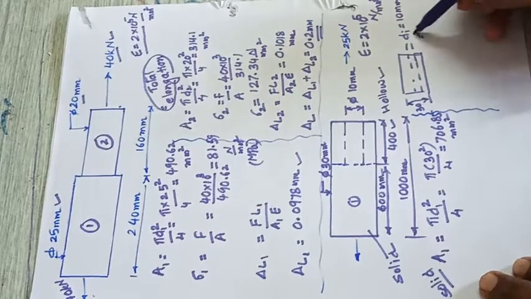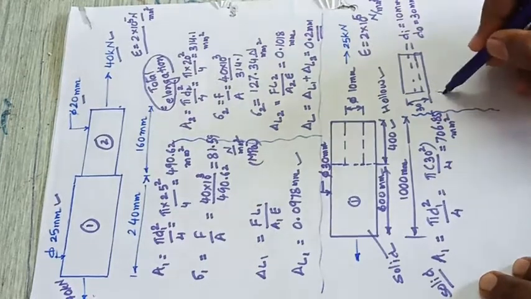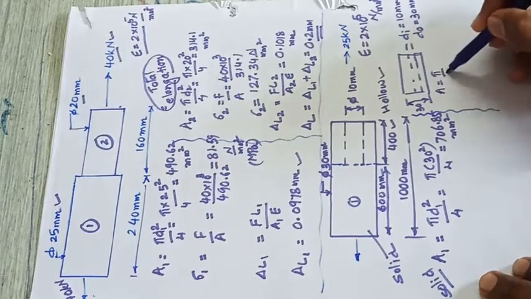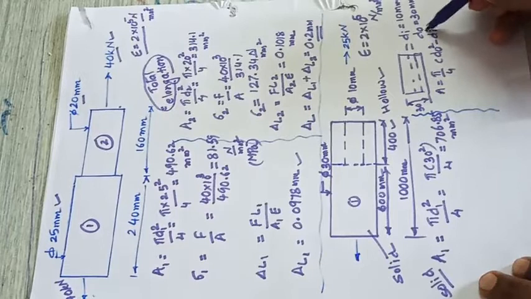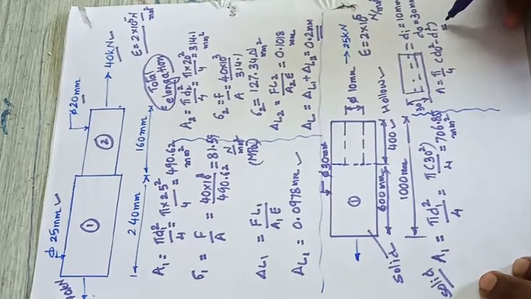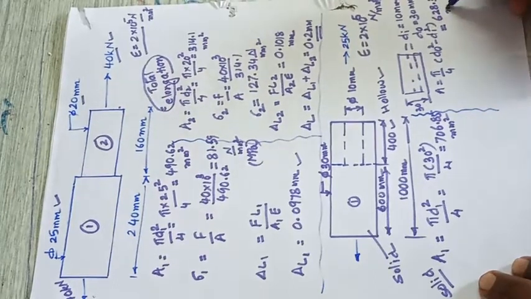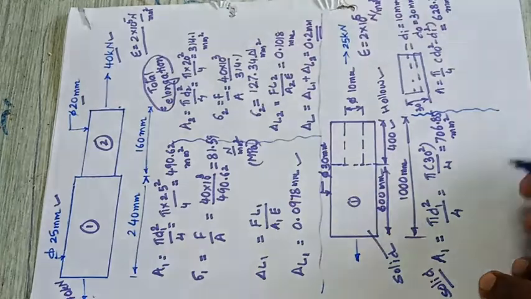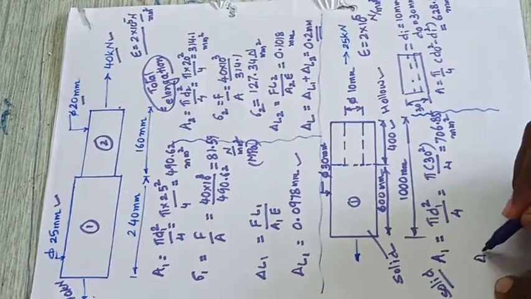So we will use the area of the hollow, that is pi by 4 times d naught square minus di square. So area will be 628.31 mm square.